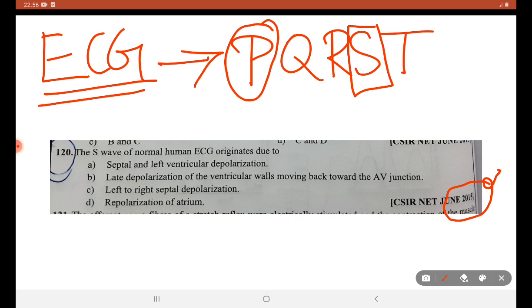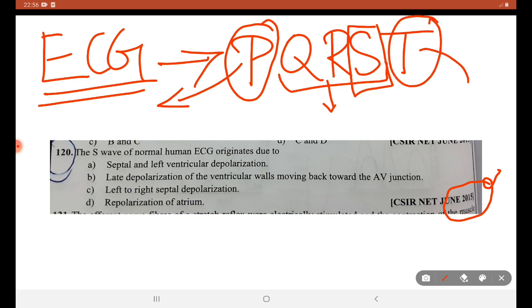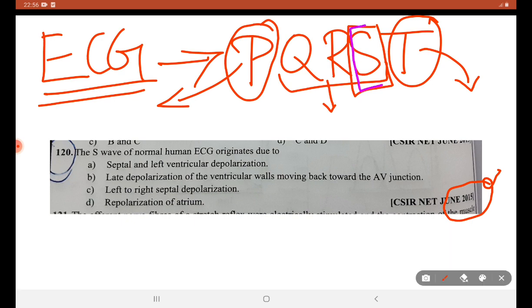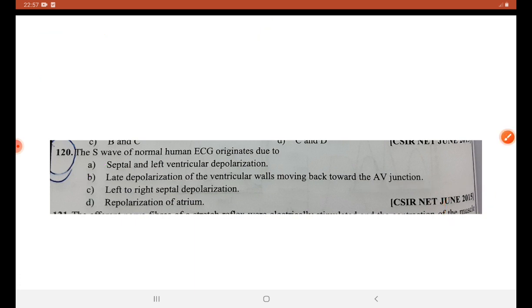P wave is associated with atrium depolarization, QRS ventricular depolarization, T ventricular repolarization. So S wave is associated with late depolarization of ventricular walls moving back toward atrioventricular junction. B is the right answer for this question.